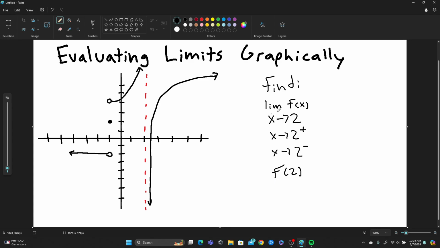So let's start up here with x approaches 2. Because there's no sign here, we're approaching from both the right side and the left side. If we get closer and closer to the x value of 2, which is right here, from the right side, we're going to get closer and closer to negative infinity.